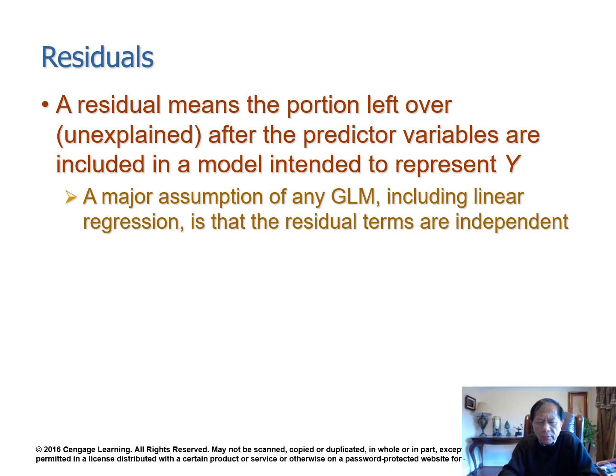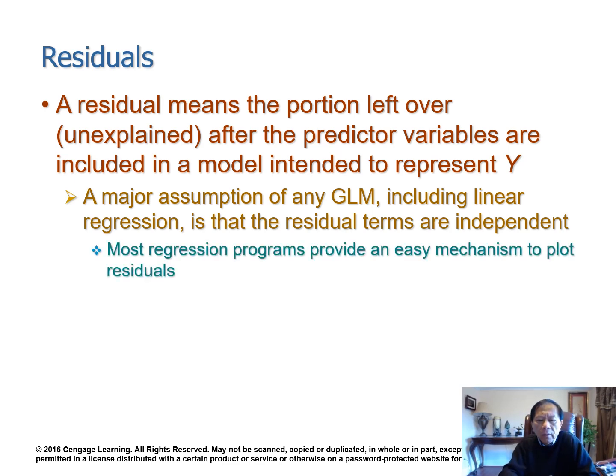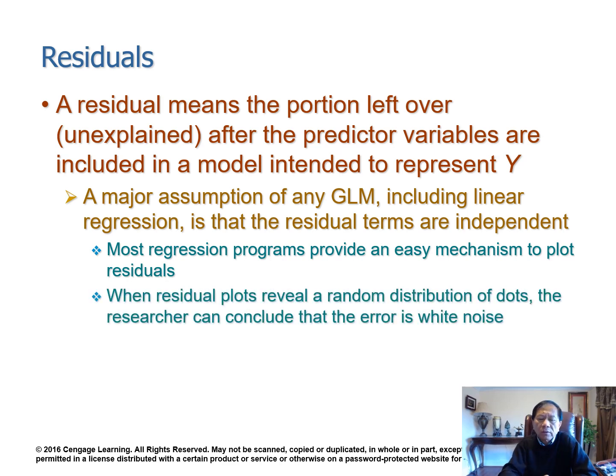A major assumption of any generalized linear model, including linear regression, is that the residue terms are independent. Most regression programs provide an easy mechanism to plot residues, so you can see if there is a pattern.